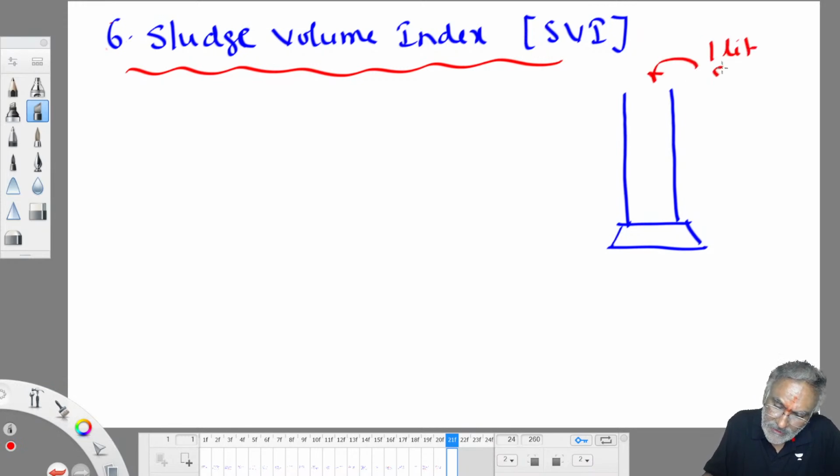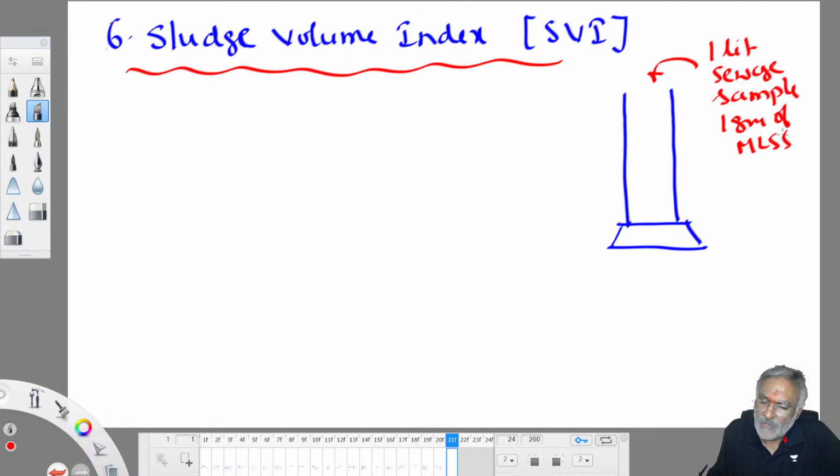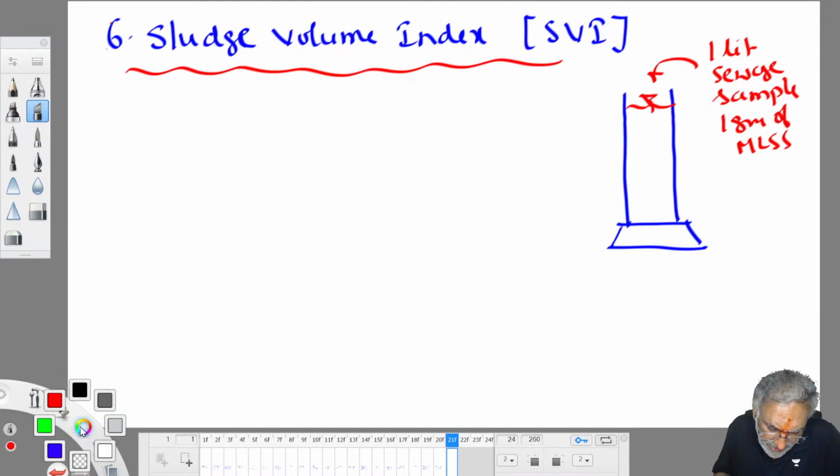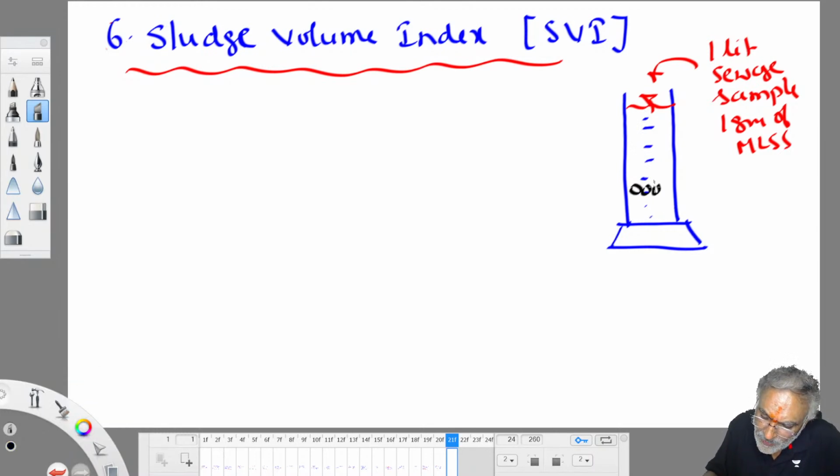1 liter sewage sample containing 1 gram of MLSS. That means 1000 milligram per liter MLSS present in sewage sample is allowed to stand in a 1 liter graduated glass jar for half an hour. Then all of the solids present in the sewage settle down and accumulate at the bottom of the measuring cylinder as sludge.